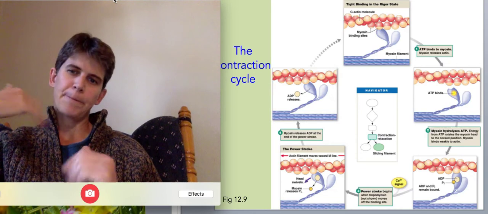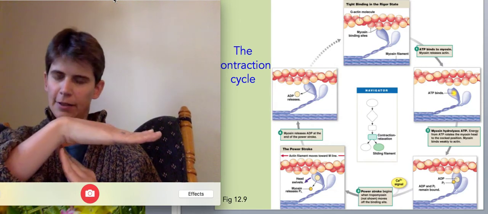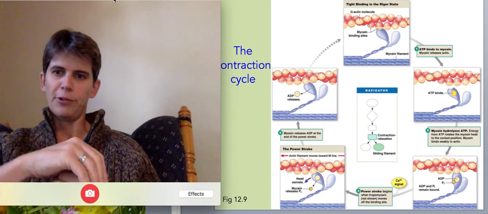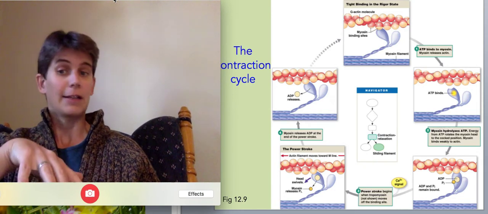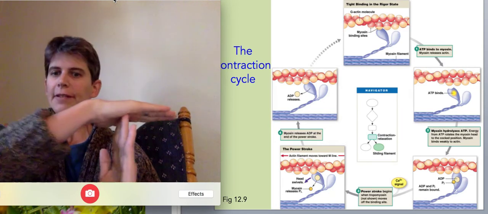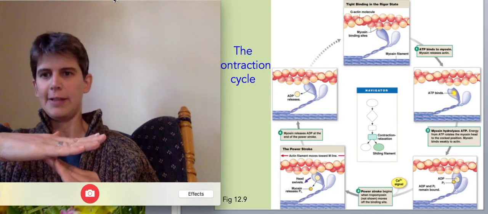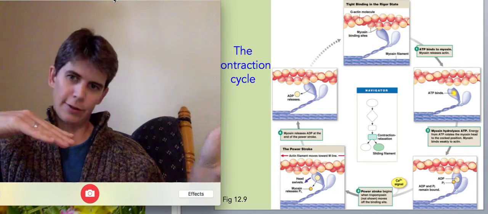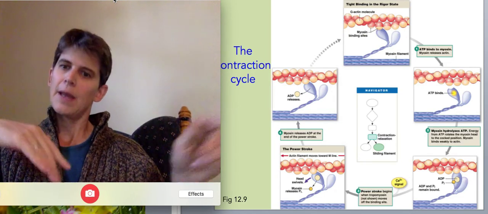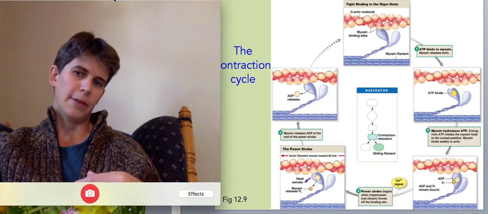So at the moment of letting go, you would expect the actin to just snap back to its original position, and actually that's exactly what will happen. The reason that it doesn't happen is that even though in textbooks we always see one myosin head moving, actually there are hundreds or thousands of them, and at any given point, some of them are attached and some of them are released.